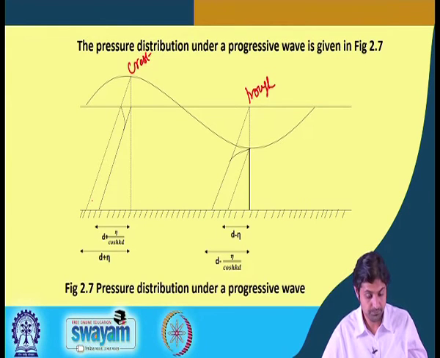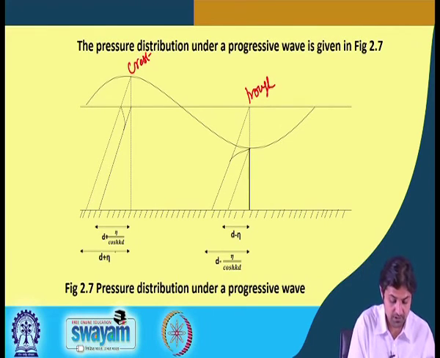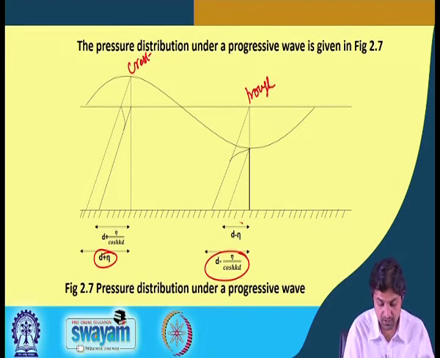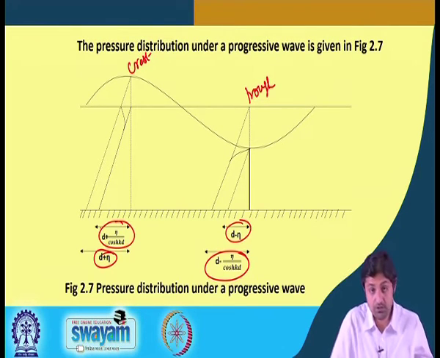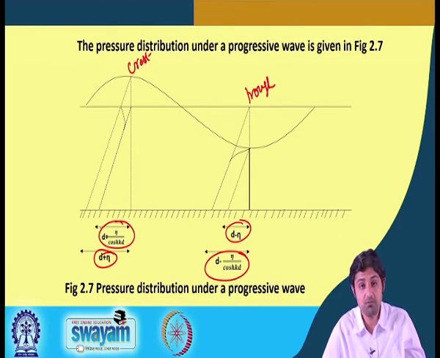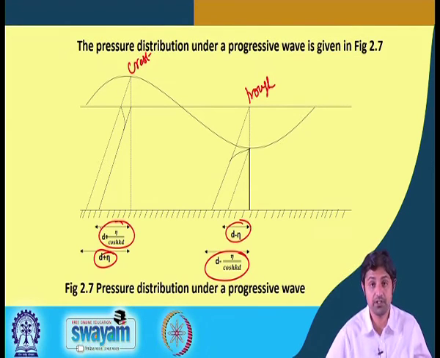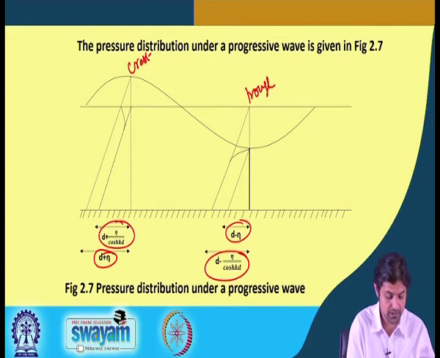So, this is the pressure distribution under a progressive wave. These terms are important: d plus eta, d minus eta by cos h k d, d minus eta and d plus eta. So, in questions you can be given, for example, this curve and asked to label what is this quantity and other things.